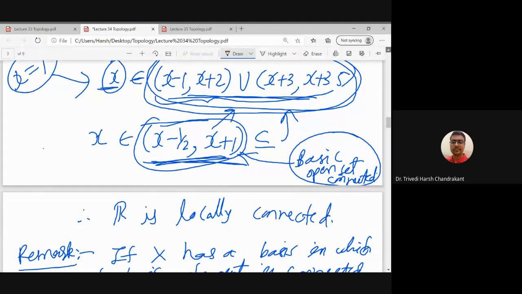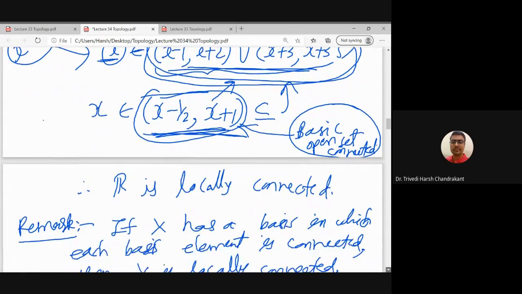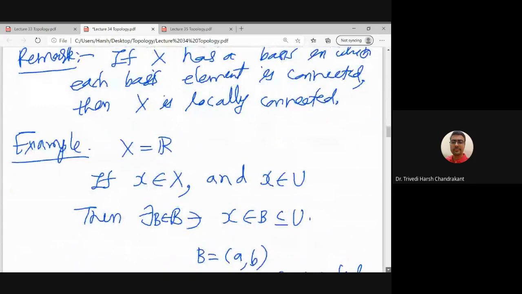So this is regarding local connectedness. If I have a topological space X in which every basis element is connected, then it will automatically be locally connected. We know that in R, the basis elements are intervals and they are connected subsets of R. Similarly, in R2, the open disk is the basis element, and an open disk is also connected.